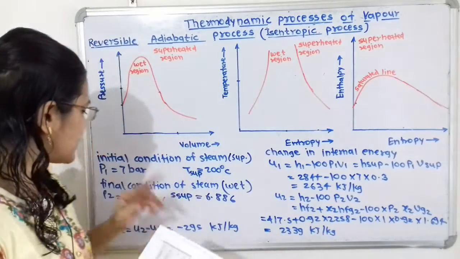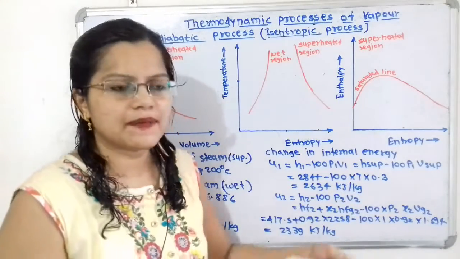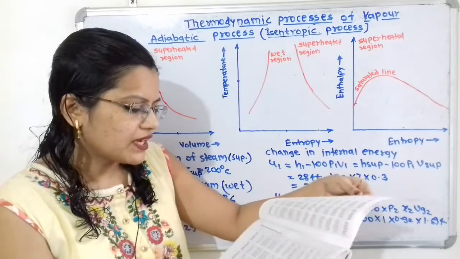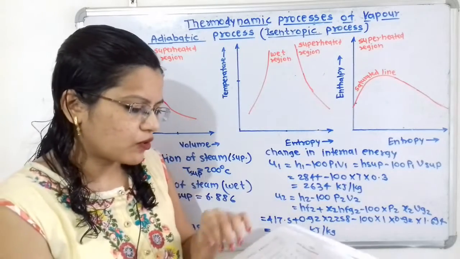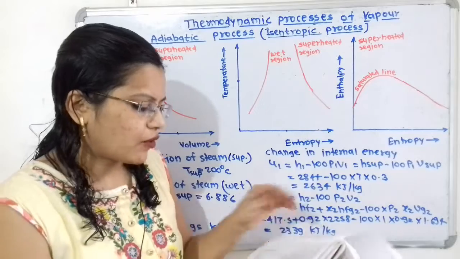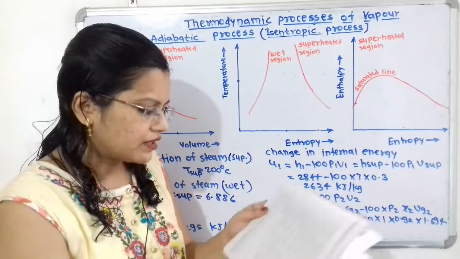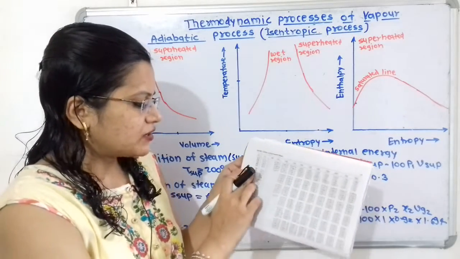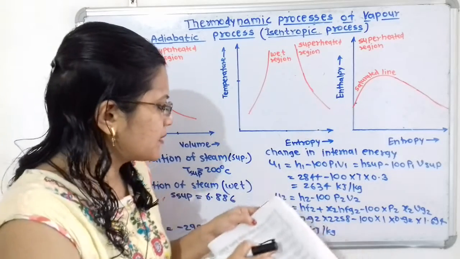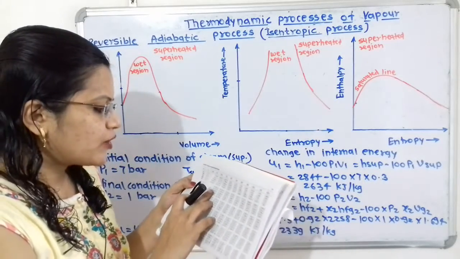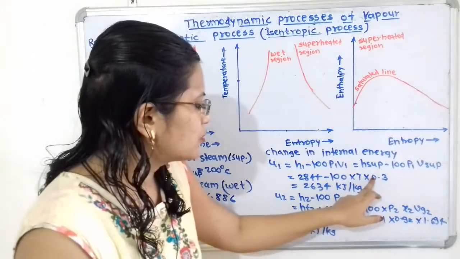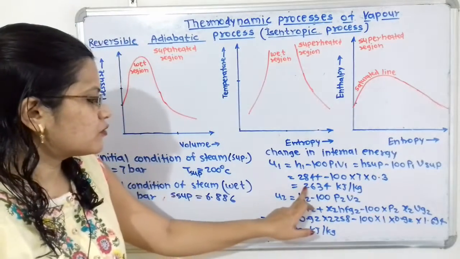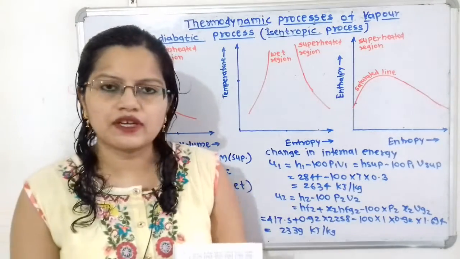Minus 100 into pressure, that is 7, multiplied by specific volume. In the same way, the specific volume table is also given for 7 bar and 200 degrees Celsius. Here it is 0.299, so we will say 0.3. So U1 is equal to 2634 kilojoule per kilogram.